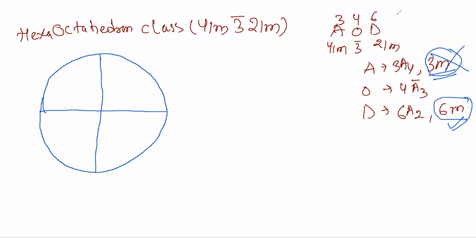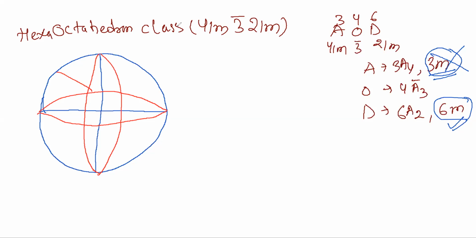So let's draw the diagonals. 1 diagonal, 2 diagonals, 3 diagonals, 4th diagonal, 5th diagonal, sorry, that went a little wrong. 5th diagonal and 6th diagonal. So the mirror planes we have drawn all.